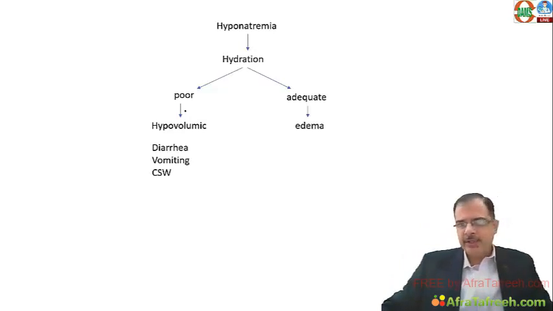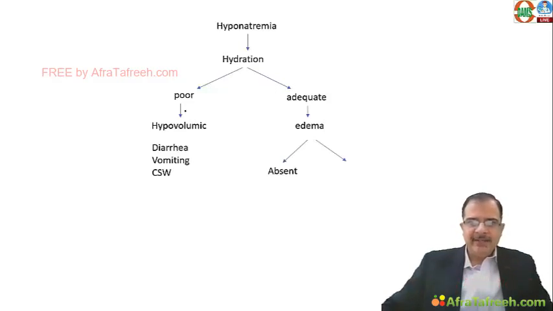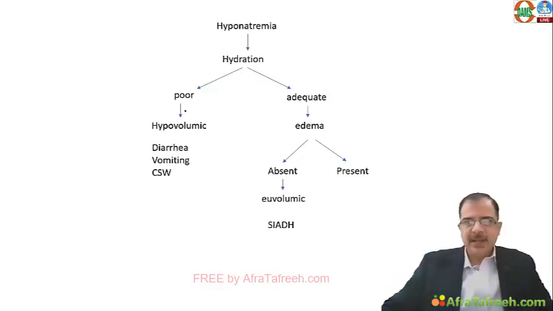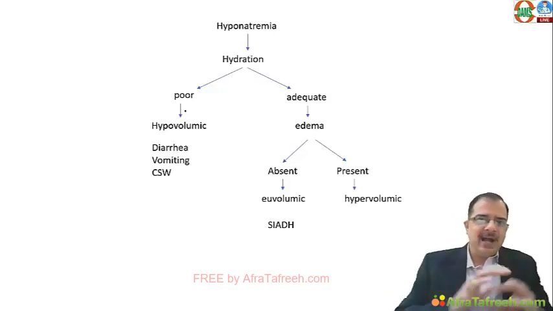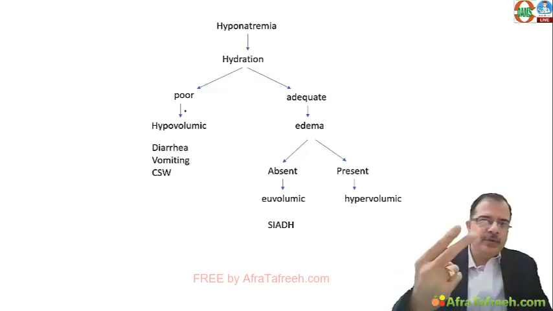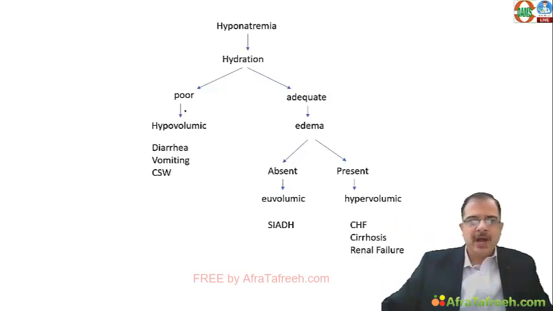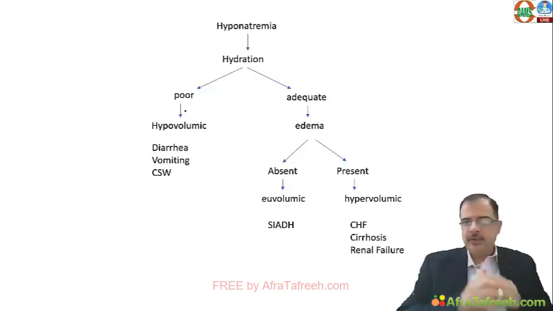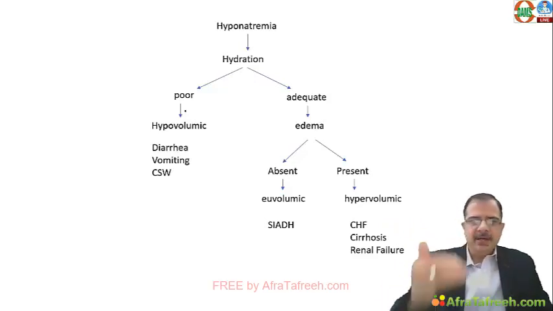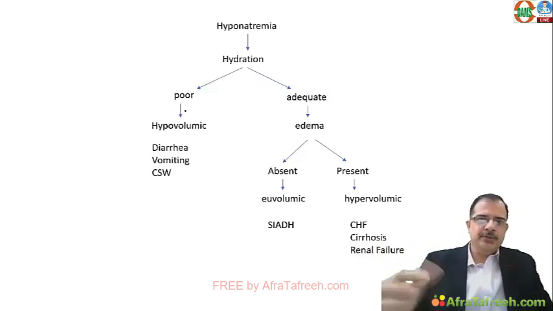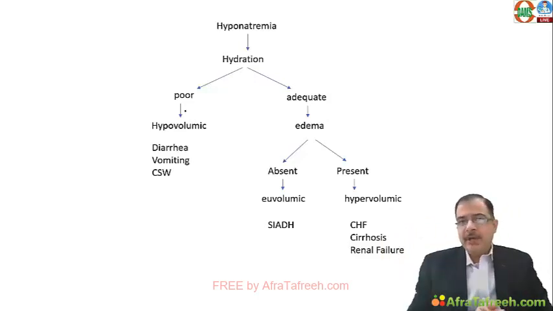While if hydration is adequate, look for edema. If edema is absent, it is euvolemic, and SIADH is the answer. While if edema is present, then it is hypervolemic. So only two steps will give you a diagnosis. Hypervolemic causes will be CHF, cirrhosis and renal failure. These will be the etiologies of that particular type of hyponatremia.